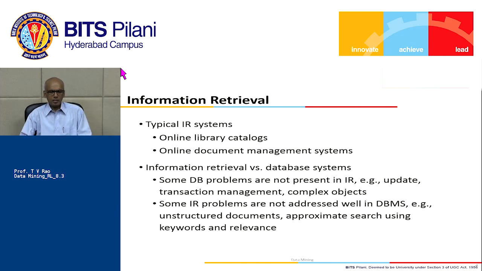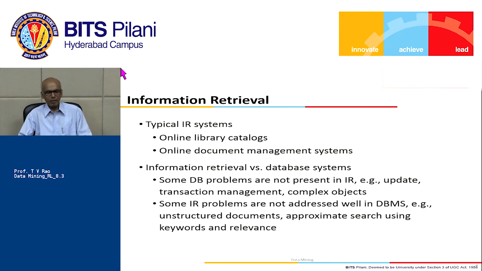Text mining or information retrieval is different in the sense that here we are not concerned so much about the problems of transaction management and how updates are happening, which is present in regular transactional databases used for business purposes. But here we need to work with a different set of challenges, such as data which is hardly structured.